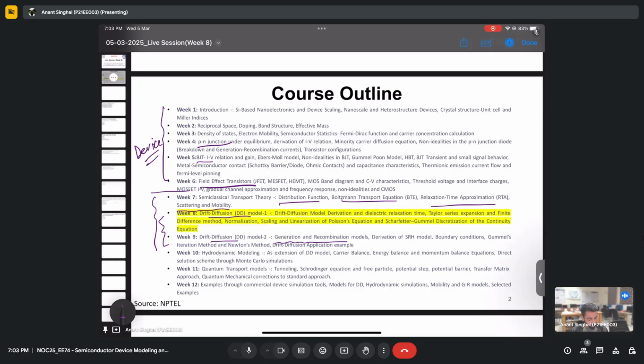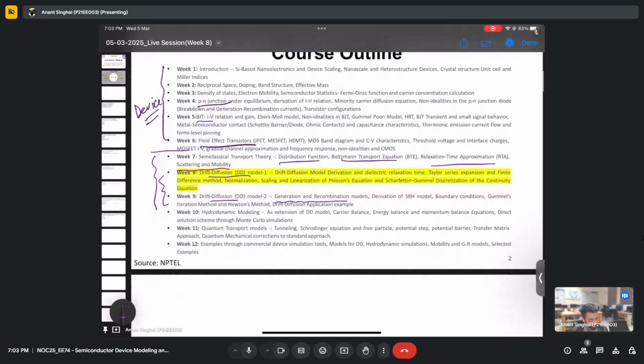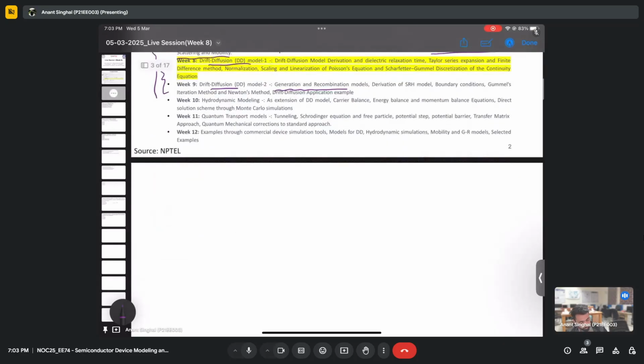They can also be in steady state, or, let's say, without any generation and recombination. So there are many different types of phenomena that can happen, and we'll look into that. Week 8 and 9 will be half and half for the drift and diffusion models, as the syllabus suggests. So to start with, as the name suggests, we have drift diffusion.